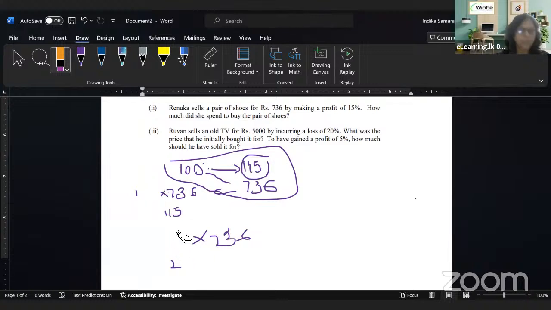ඒ වගේ calculation එක කරලා බලන්න. ඊළඟ එක one sells a TV for 5,000 by incurring a loss of 20%. What was the price he initially bought it for?